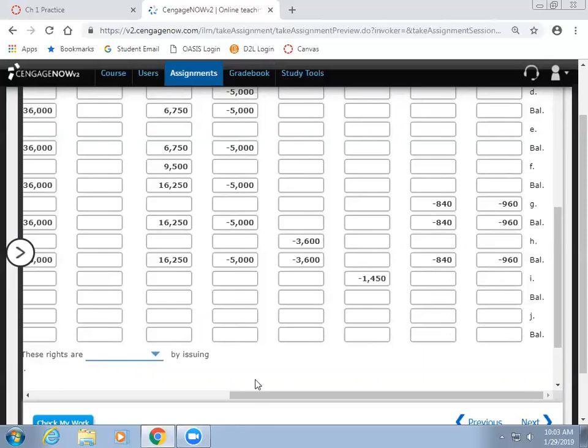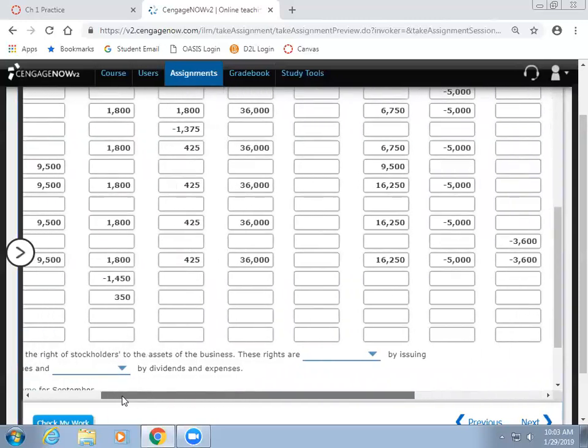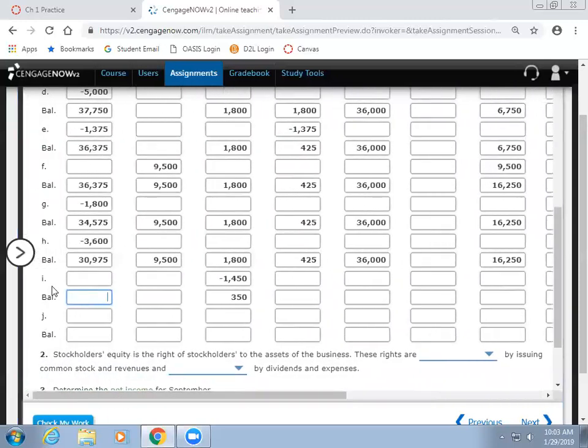Perfect. And then you just need to, of course, balance everything, which is really just pulling everything down. We already balanced supplies, which should be $350, which is how many supplies we still have. And then everything else just gets carried down. So cash is $30,975. I think you know the drill. I won't read them all off, right? So just make sure you carry down your balances.